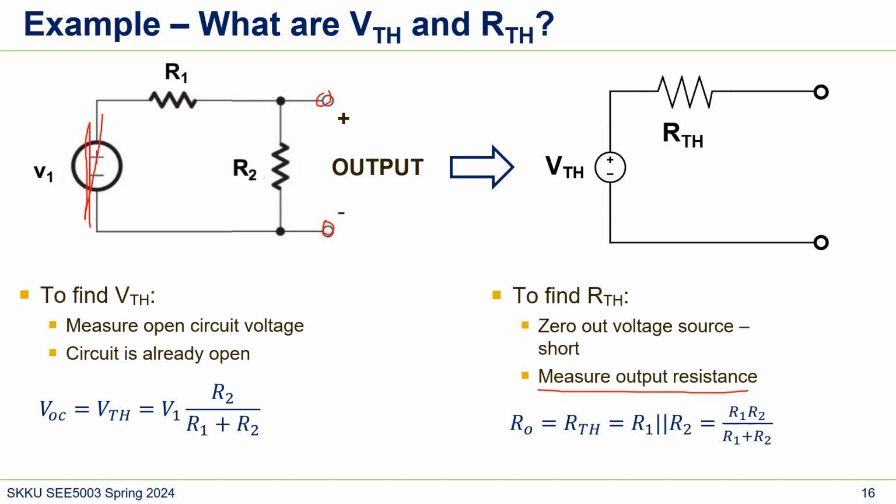So RO, the measured R here, is RTH. That's the RTH I want to get, and that's R1 parallel R2. This is how we represent a parallel connection. So this value will go here.